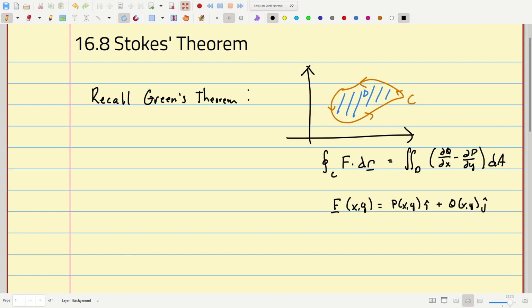Now, Stokes' theorem is related to this, and basically can be thought of as a slight generalization of this idea.